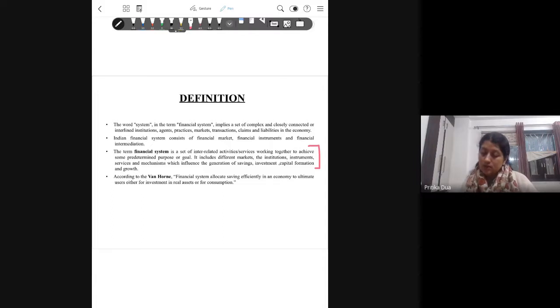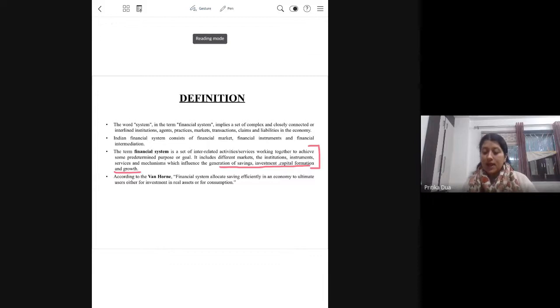So it is including different markets, institution, instruments which influence the generation of savings, investment, capital formation, and ultimately leading to increase in the GDP or growth of the country.